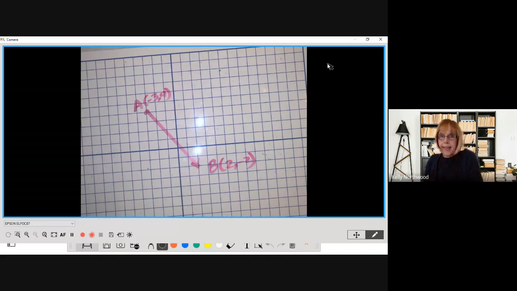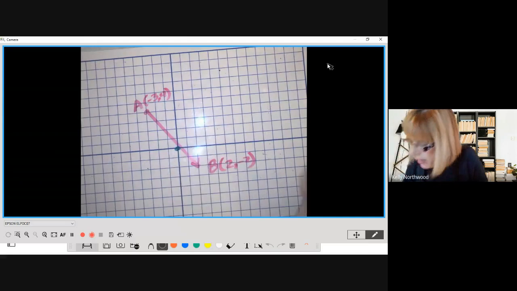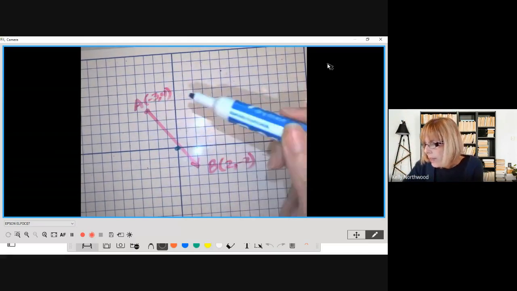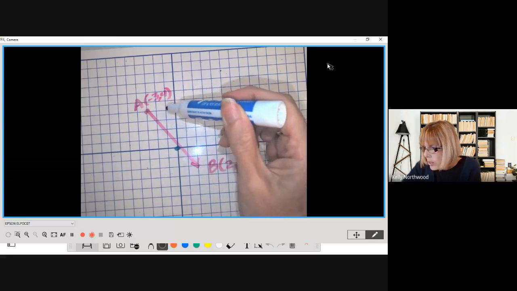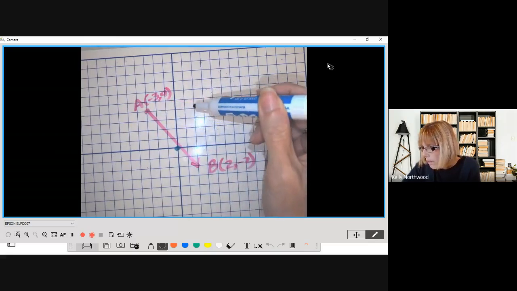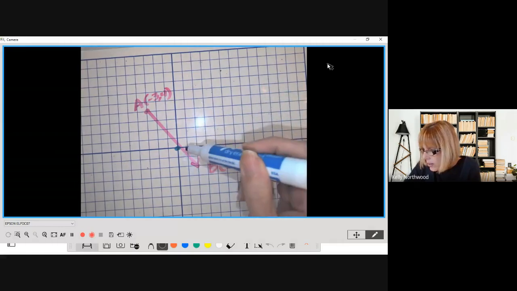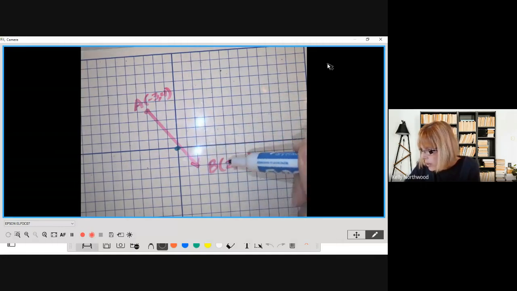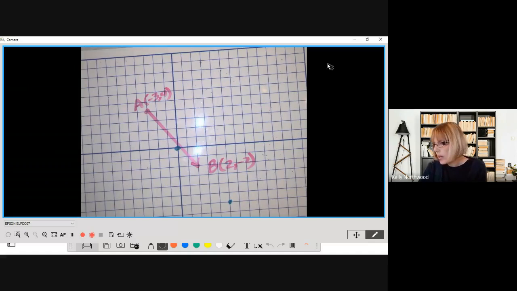So if we want the algebraic vector that goes with it, we know that that's going to start at (0, 0). And if I wanted to reproduce this pink vector, I would go over 5 and down 6. So that should be my endpoint there for my algebraic vector.